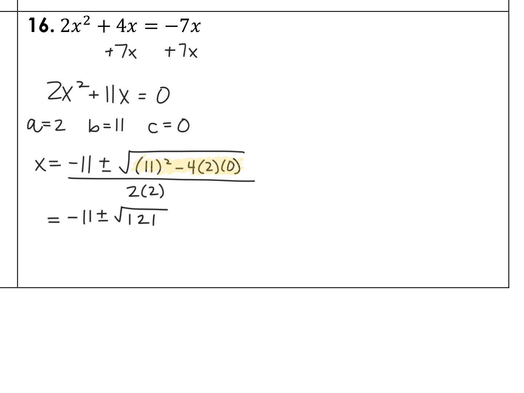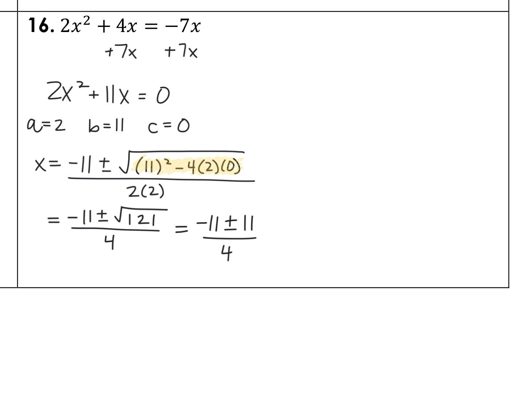I believe you should get 121. Yeah, 11 squared, and then it'll be minus 0. So 11 squared is 121. What is the square root of 121? 11. Negative 11 plus or minus 11 over 4.